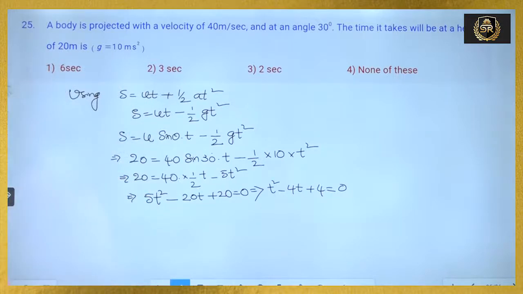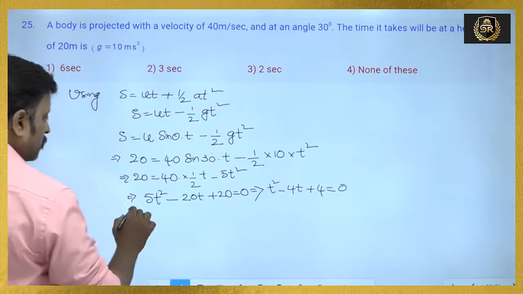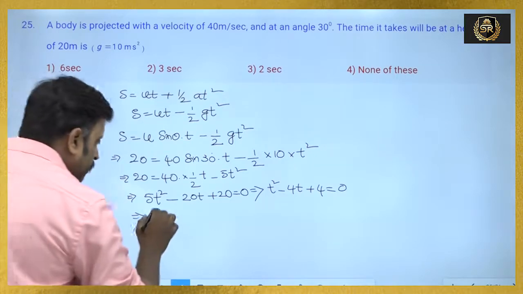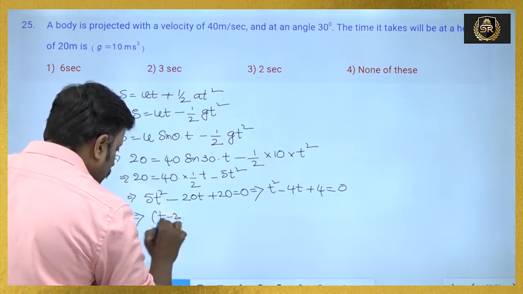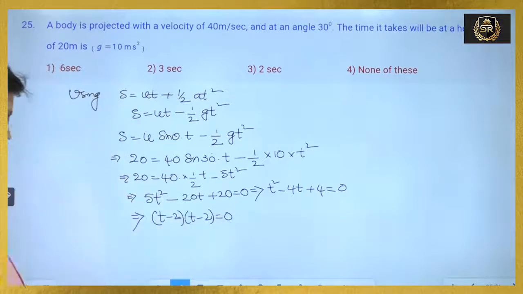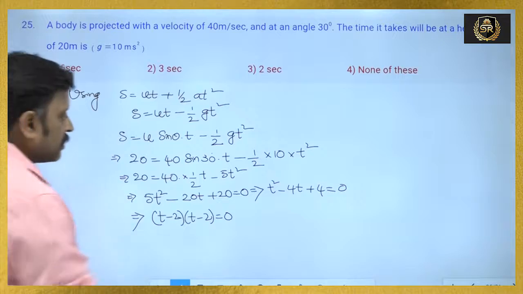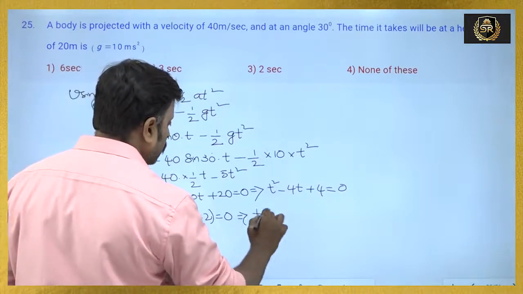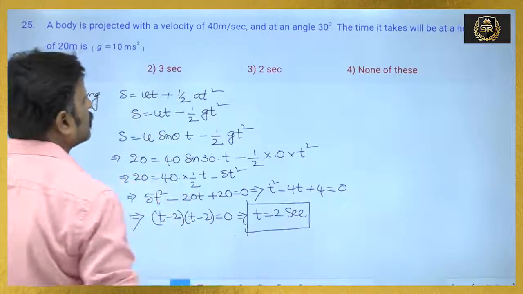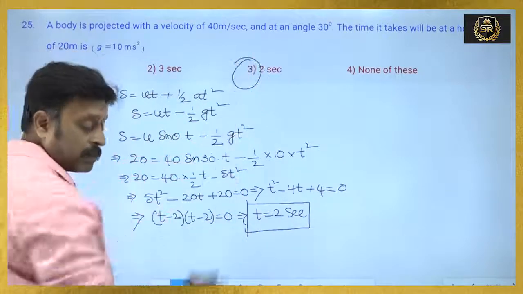This is a quadratic equation whose roots may be written as t minus 2 whole square, or t minus 2 into t minus 2. Okay, which implies what is the time taken by the body? T is equal to 2 seconds. So where is the 2 here? Yeah, option 3 is correct one.